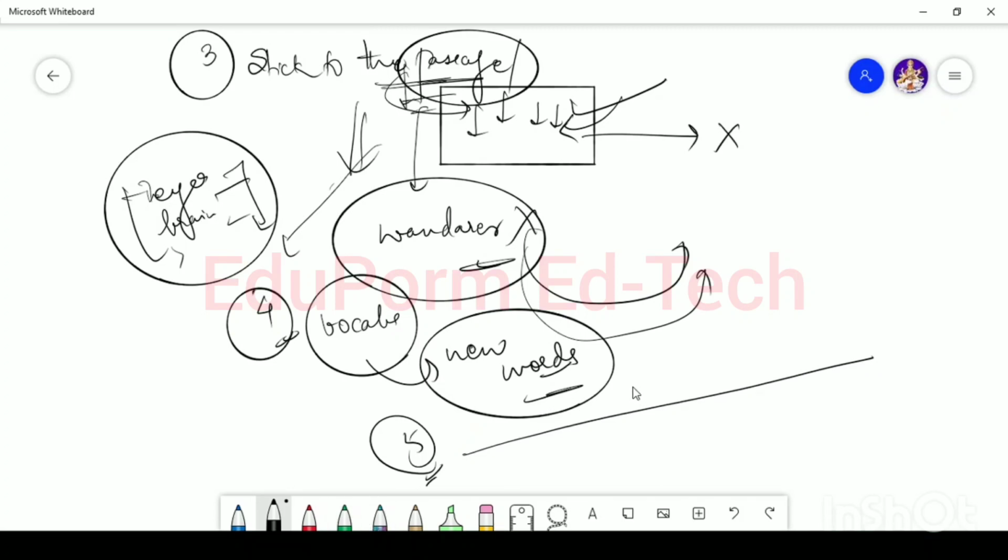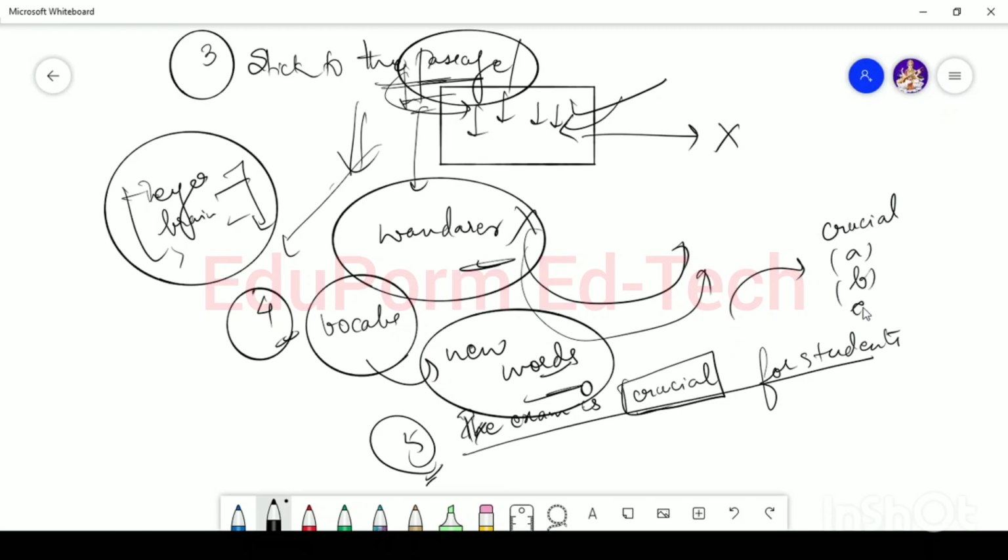Okay? For example, if there is a sentence which says that the exam is crucial for students. Now the question asks what the meaning of crucial is. Okay?